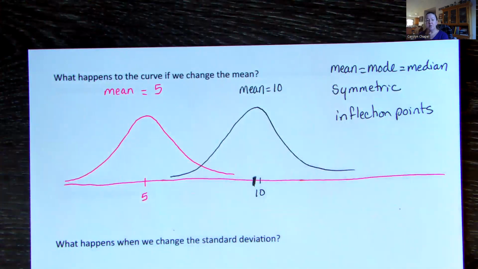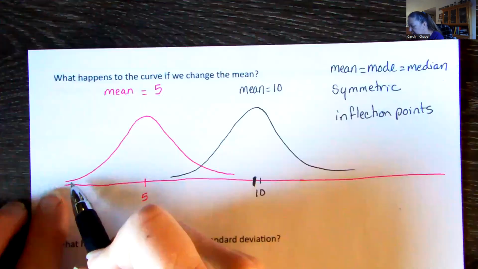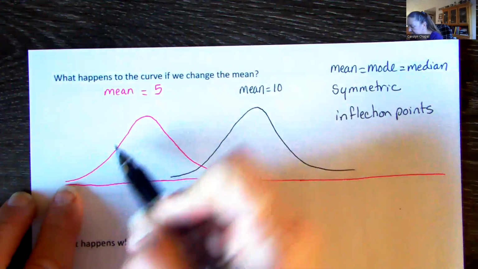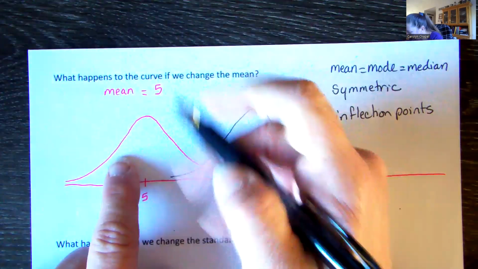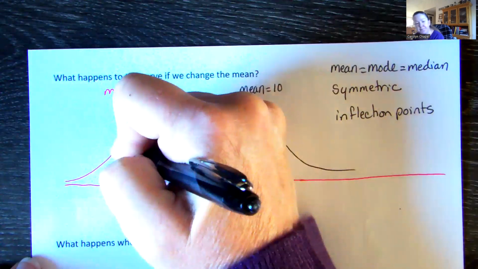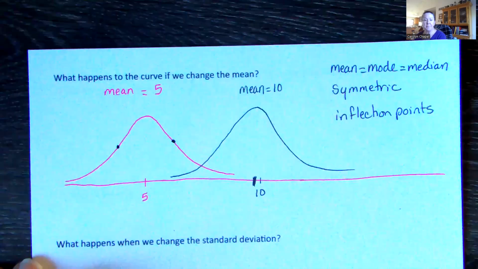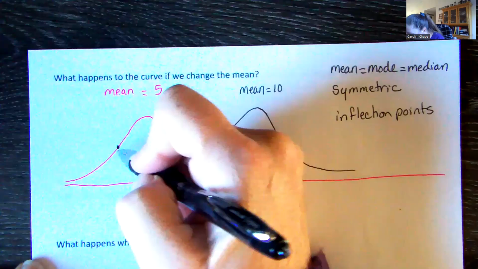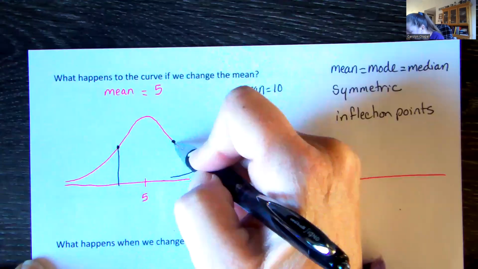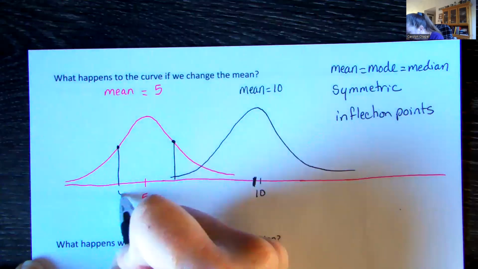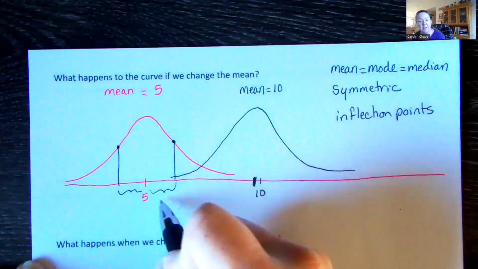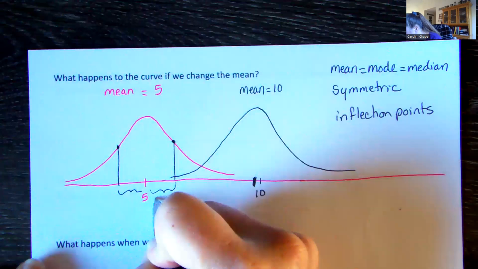If you think about a cereal bowl or an ice cream bowl, right here it's bowl shape up, but it switches to bowl shape down about right in here. And then it does the same thing on this side. It turns out that for our curve, those two places happen to be one standard deviation in each direction.